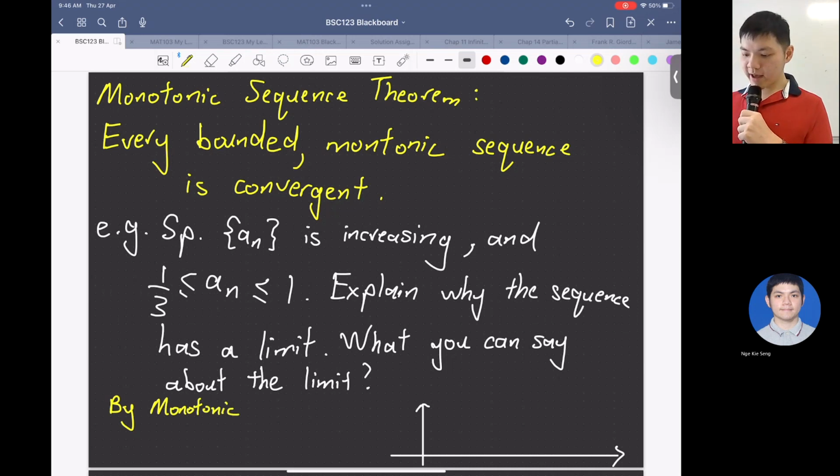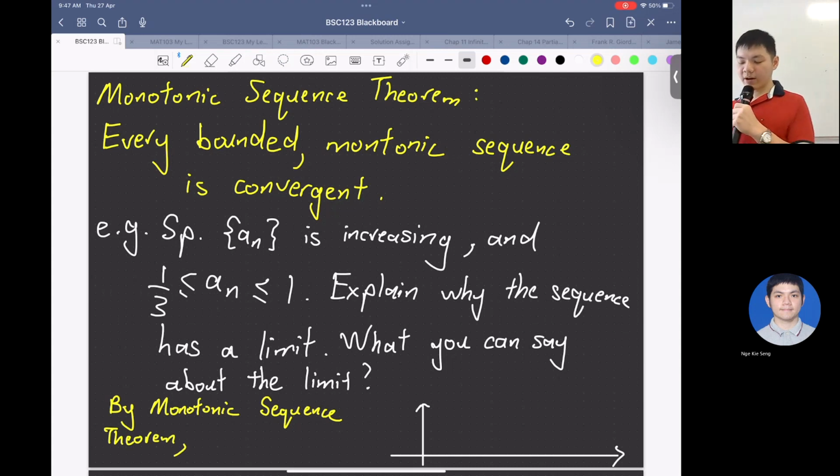Your a_n is increasing, okay? Keep increasing, and it is bounded below by 1/3 and bounded above by 1. It has a limit because of the monotonic sequence theorem. So can you say something about the limit?